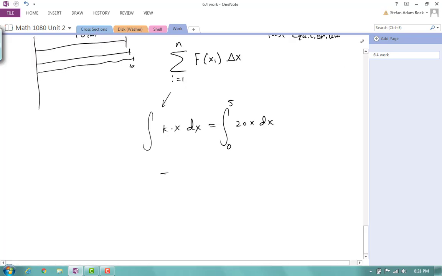And these are fairly easy integrals. I can do this. This is just 10x squared, evaluated from 0 to 5. And that's going to give me 250 somethings. It's actually not joules, because joules are newtons times meters.